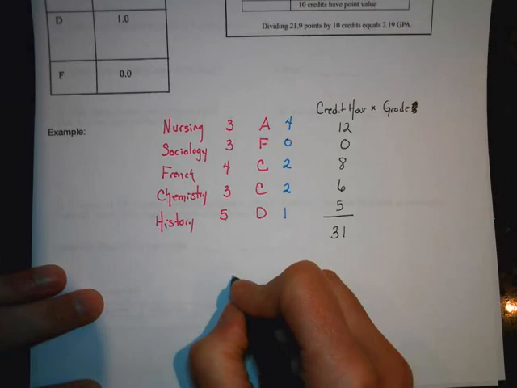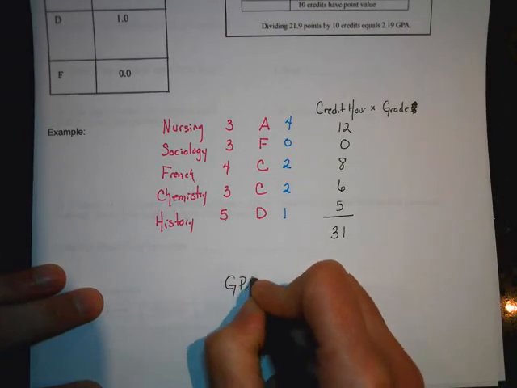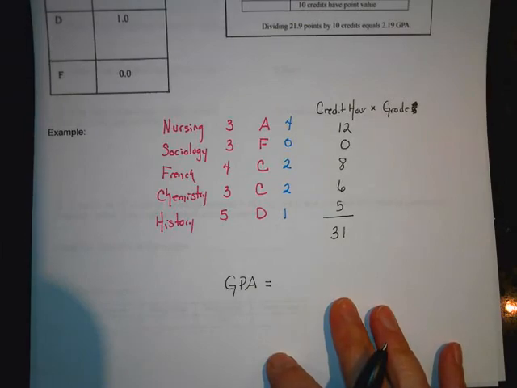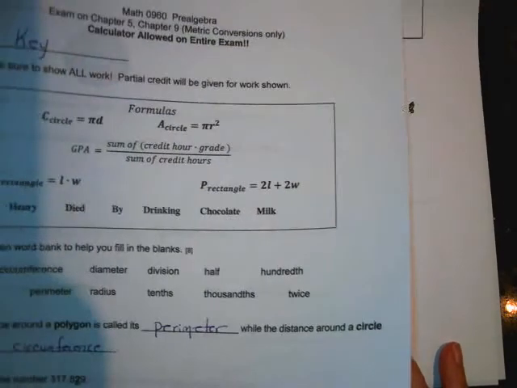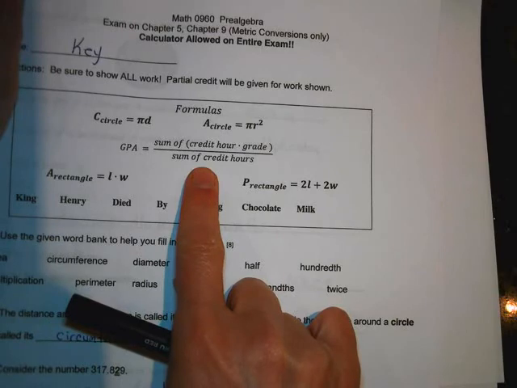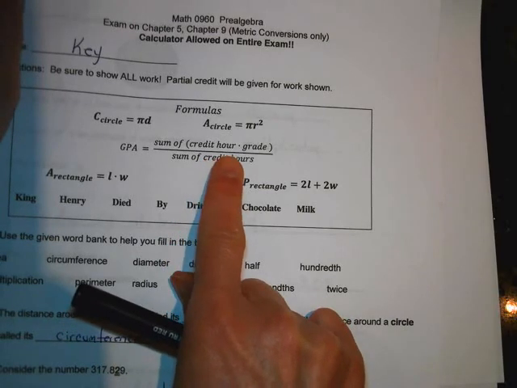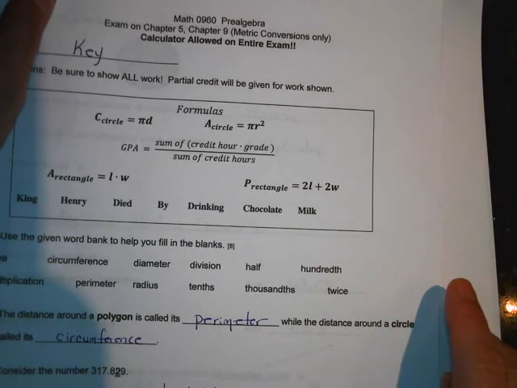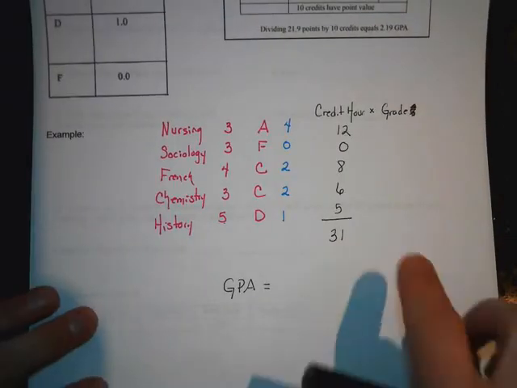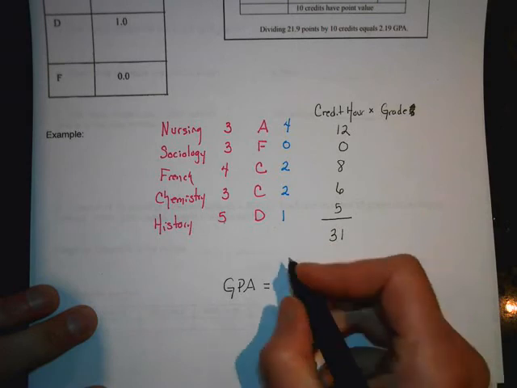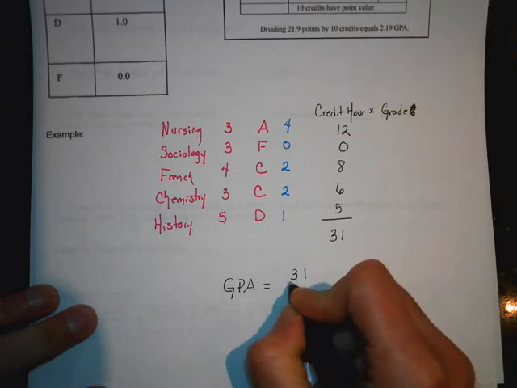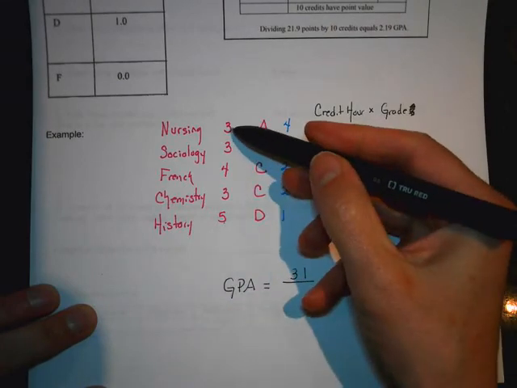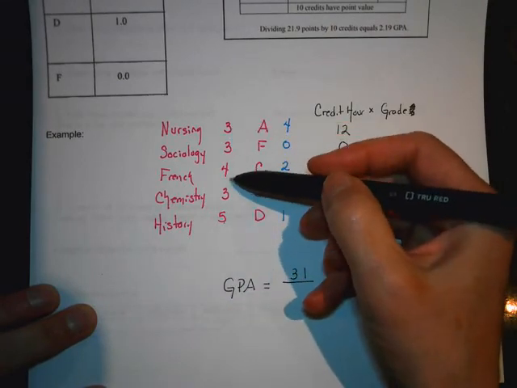So the formula for GPA, which will be on your formula sheet, it was on the formula sheet for this test. It was right at the top. Do you see it? GPA: sum of credit hour times grade, that's the column we just made, divided by the sum of the credit hours. This is the number of hours you took.